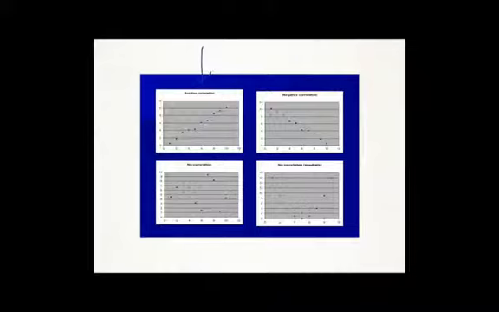Similarly, we might have a negative correlation. That means as one variable is going up on the x-axis, the other variable is going down on the y-axis. We might also have no correlation, or really no relationship between the two, and that's shown here.